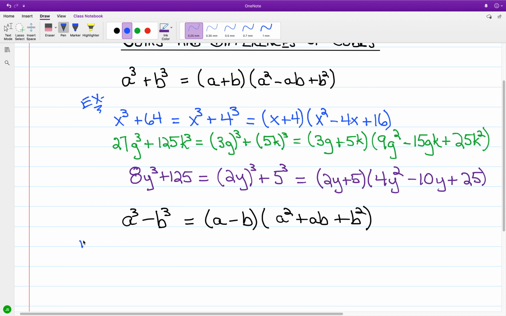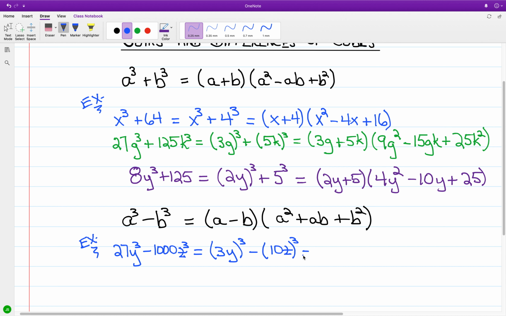Let's say, for instance, we have a cubed minus b cubed represented by 27y cubed minus 1000z cubed. There's no common factor between the terms. 27y cubed is the cube of 3y, and 1000z cubed is the cube of 10z.